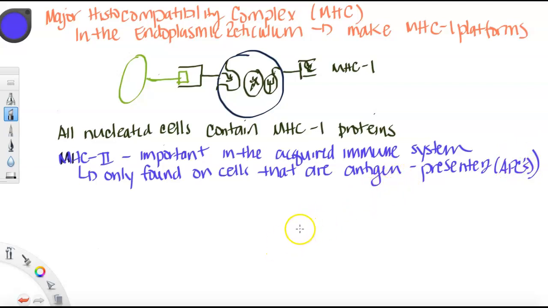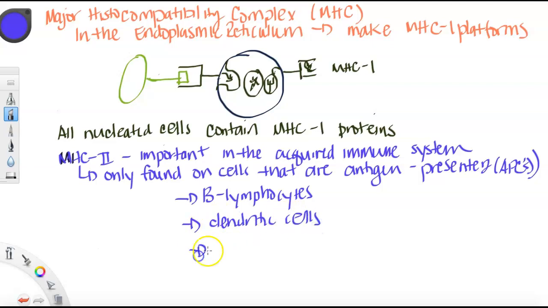There are three types of cells that have MHC2 platforms: B lymphocytes, dendritic cells, and macrophages.